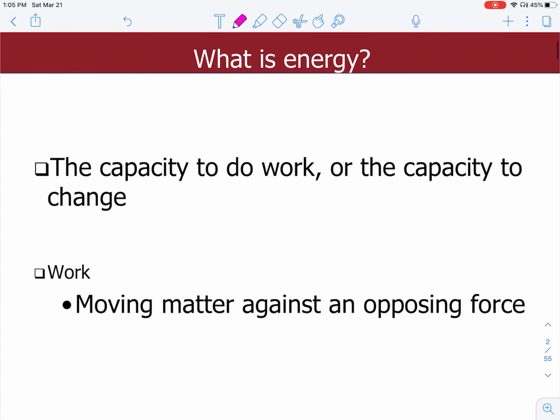So before we get into living systems, we have to do a little bit of physics. And physics is obviously the foundation of chemistry, and chemistry is the foundation of biology. So we're going to have to back up a little bit and talk about work, what energy is, and how we use both potential and kinetic energy.